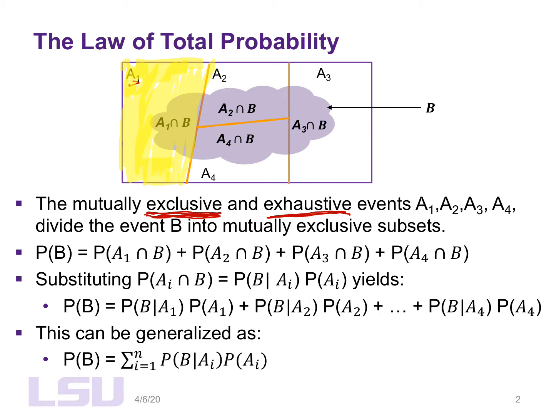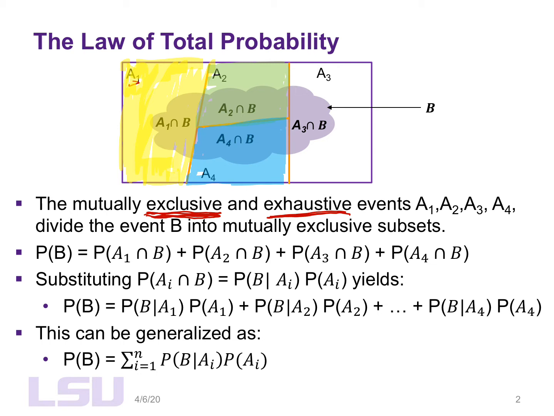It's exclusive, so it's not going to intersect with A2 and the other terms. There is no intersection whatsoever. That's the exclusivity right there. The exclusivity is that they don't overlap. So there's going to be a boundary between each of these.